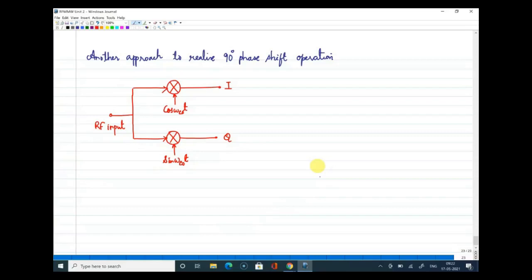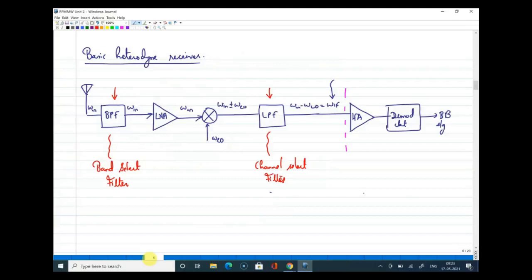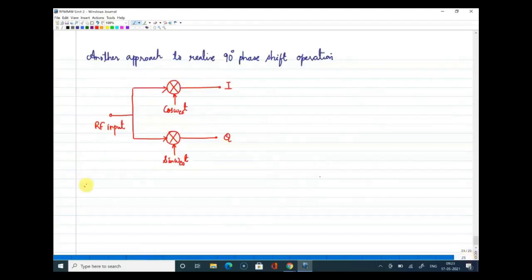All right, so this is the very basic structure we use to generate in phase and quadrature phase components. Let me make a note here. Whenever you have this mixing operation, when you are mixing your input with your local oscillator signal, say your input frequency is omega in and local oscillator frequency is omega LO.